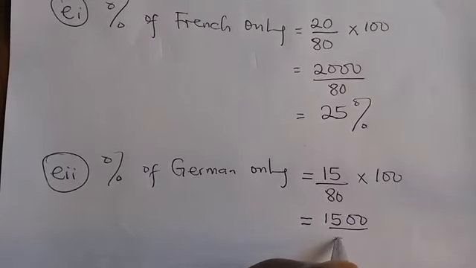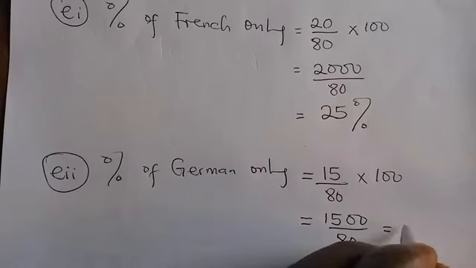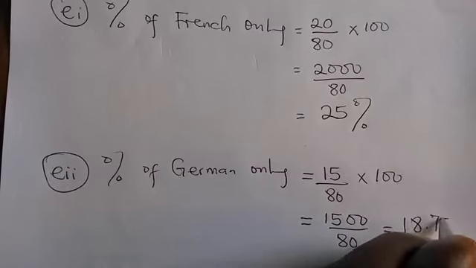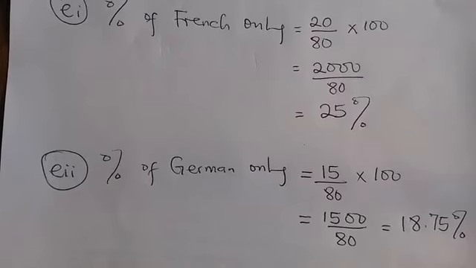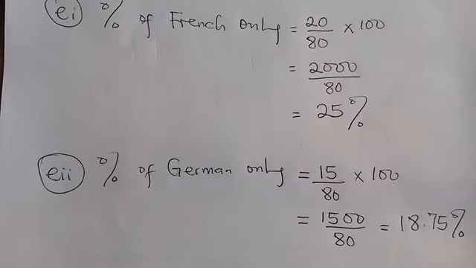Divide by 80. 1,500 divided by 80, we are having 18.75%. So this is the percentage of boys who offered German only in that examination. And by this, we are done solving this question.